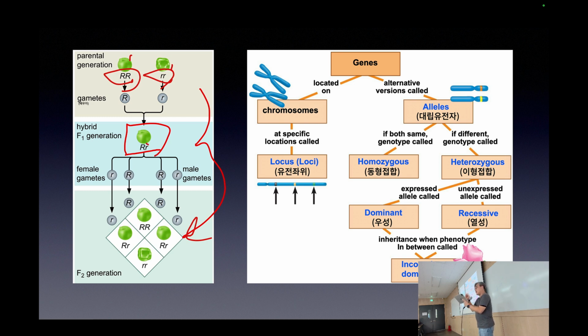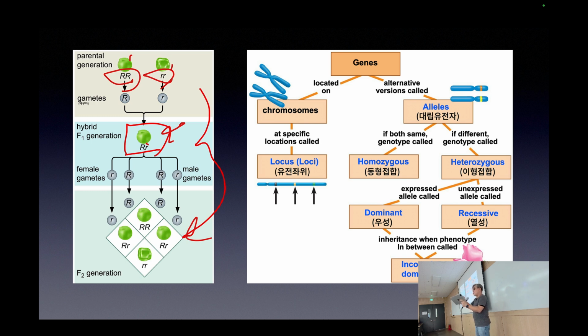As long as a dominance over recessiveness relationship exists, with this heterozygous status all you see is one trait, which is the green color of this pea.